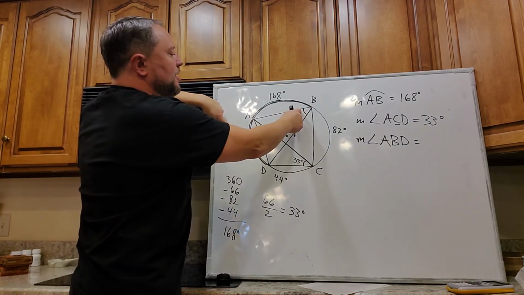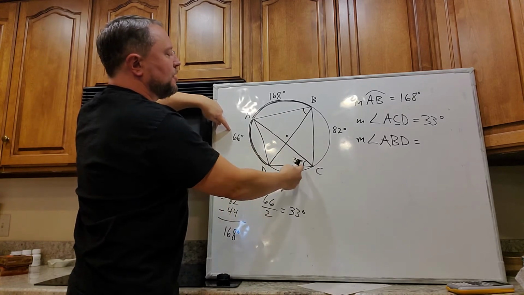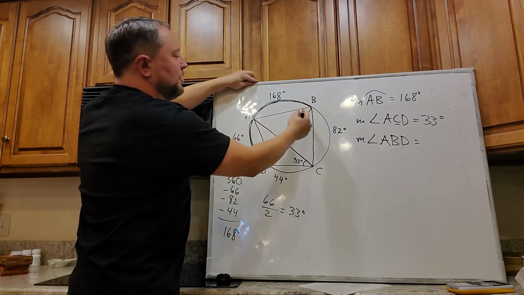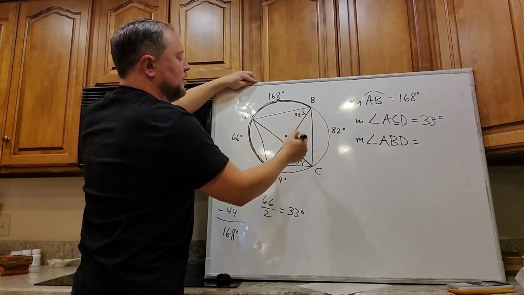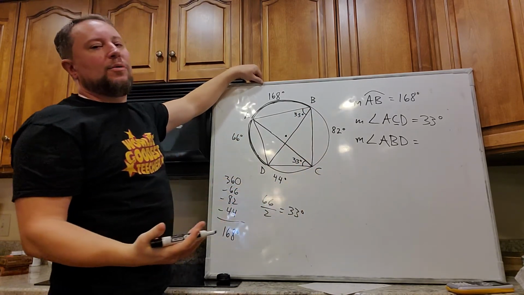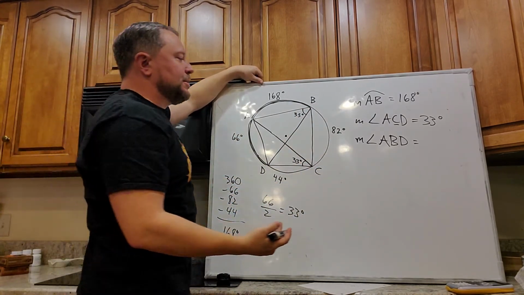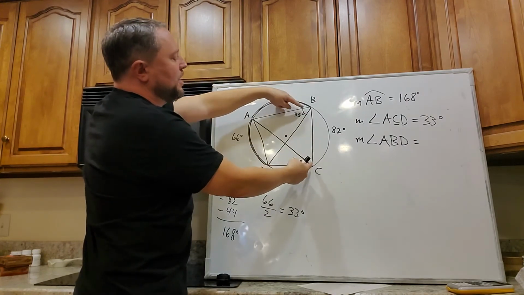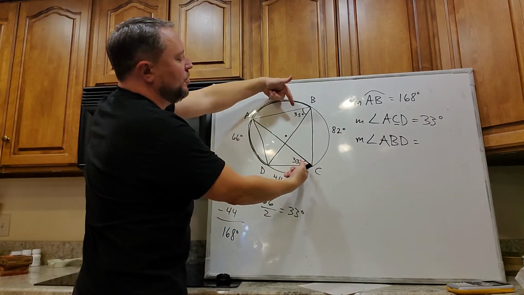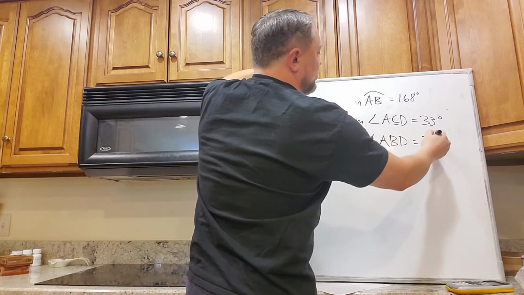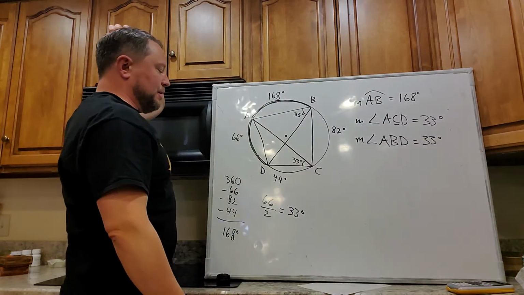So it's another inscribed angle hitting the same arc. Guess how big it is? You guessed it. It's a matching 33. That was one of our theorems that we had, remember, in this section. If inscribed angles share the same arc, they're going to be equal in measure. So that would also be 33 degrees.